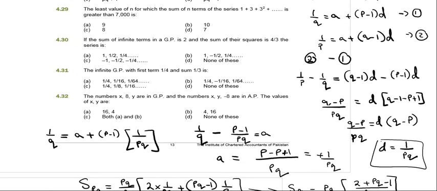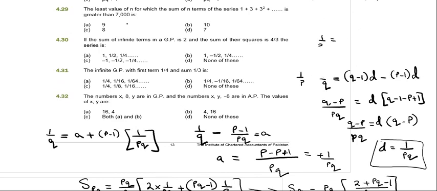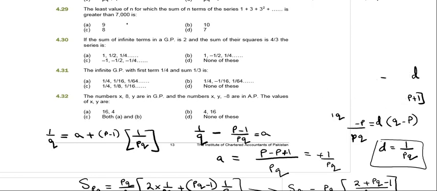4.29 says that we have to find the least value of n, or the lowest value which n can take, for which the sum of n terms of the series 1 plus 3 plus 3 square is greater than 7000.